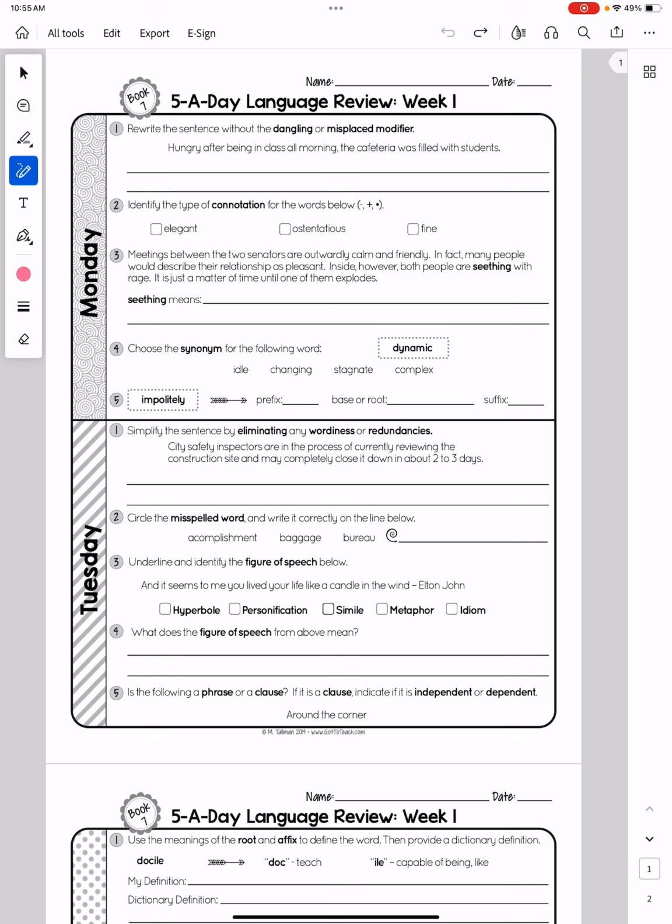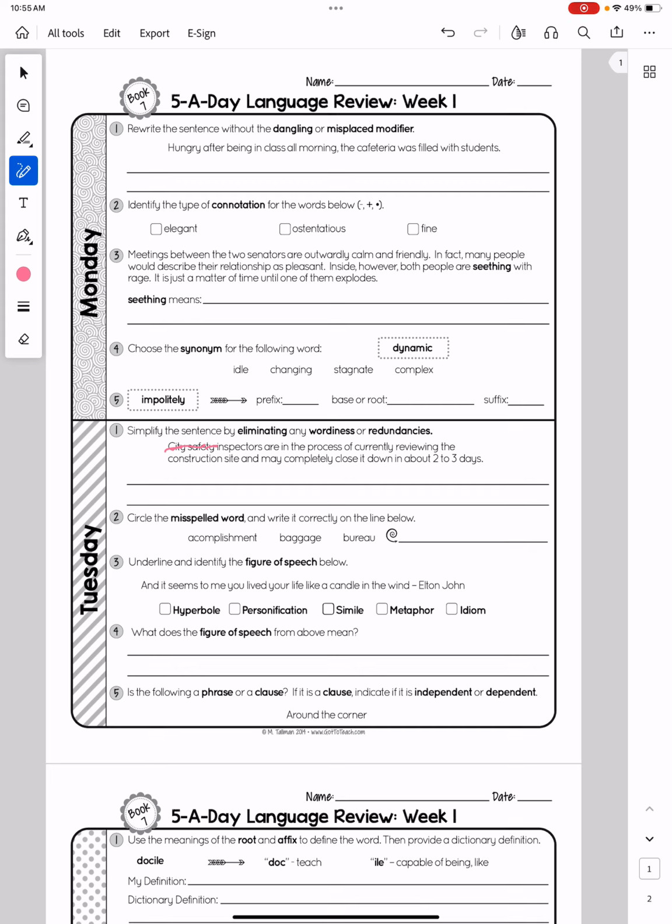When you do this, just use your best judgment as to whether you can eliminate something like safety, and you could just call them city inspectors, or maybe eliminate city and call them safety inspectors, or maybe both, simply inspectors, because the context makes it clear that they're reviewing.